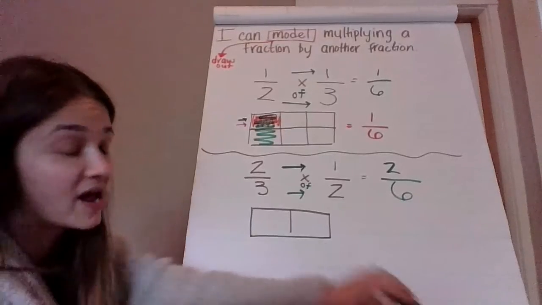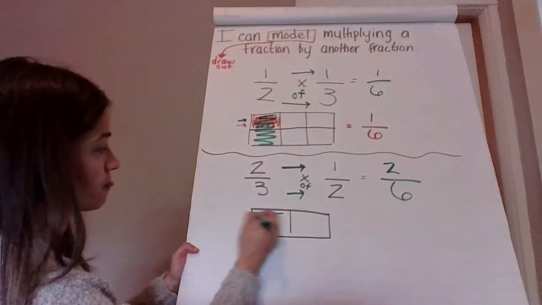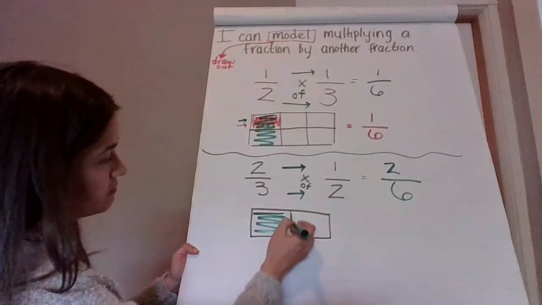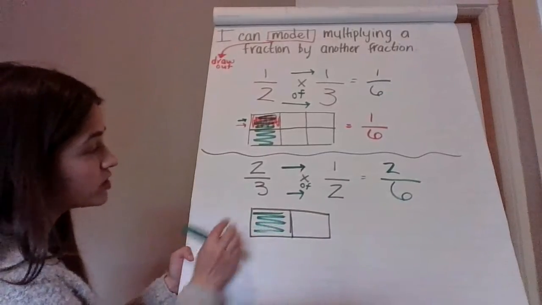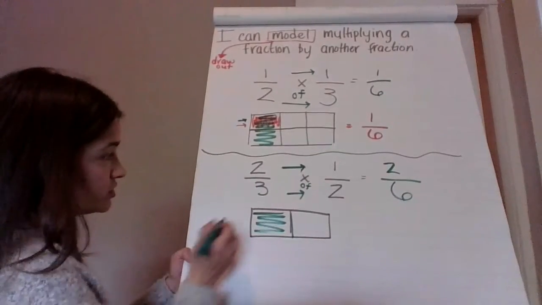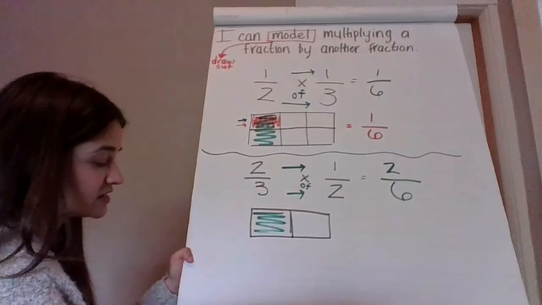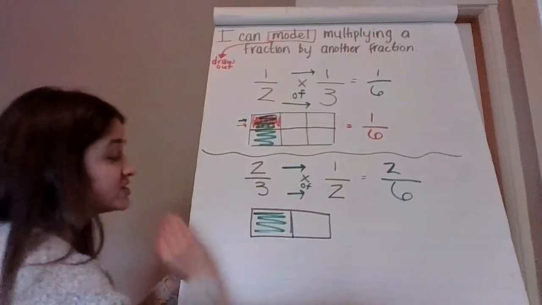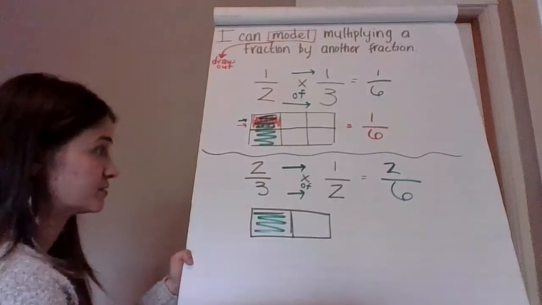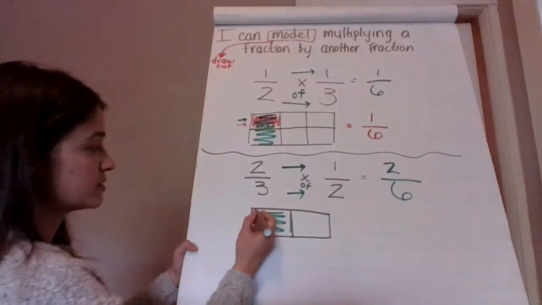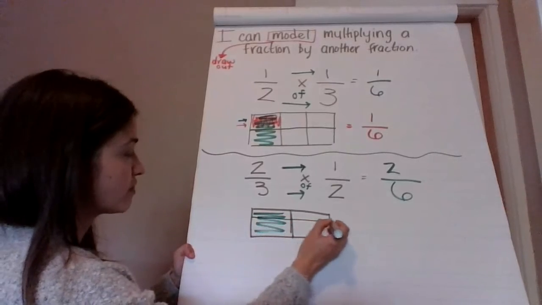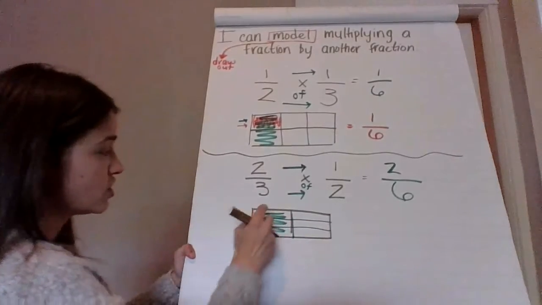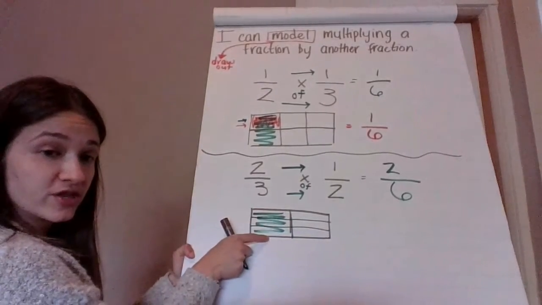And I know I have 1/2 of something. I have 1/2. Okay, now I'm looking for 2/3 of 1/2. So do you see this 3 right here? That tells me I need to partition my whole model into thirds in the opposite direction. So I'm going to go ahead and do that. I'm going to cut it into 1/3, 2/3, 3/3.